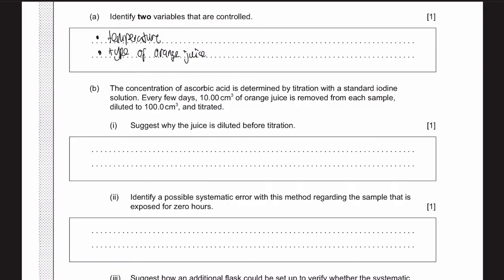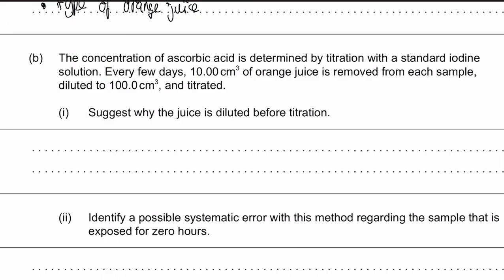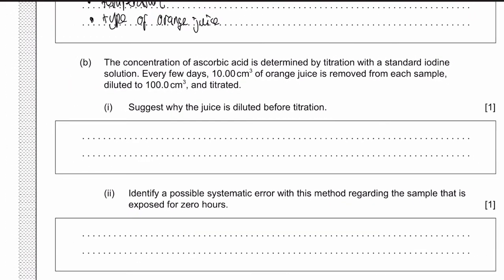Why would it be diluted before titration? Well, dilution is essentially giving us a larger volume of the juice. So when we have this larger volume, it gives us more room to work with. We can perform multiple repeats, so it allows us to conduct multiple titrations.